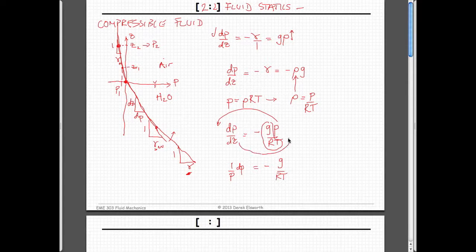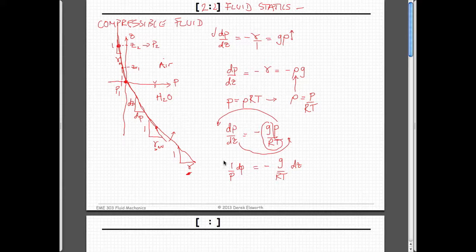And this term here, times dz. And so this is true at every single location along here, but the problem is that the density isn't constant, clearly. This is the density term. And so it changes as a function of pressure.